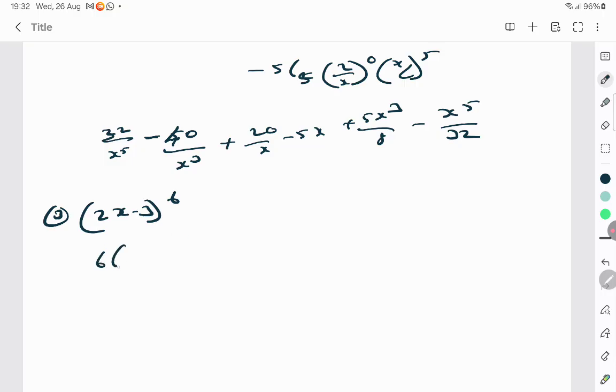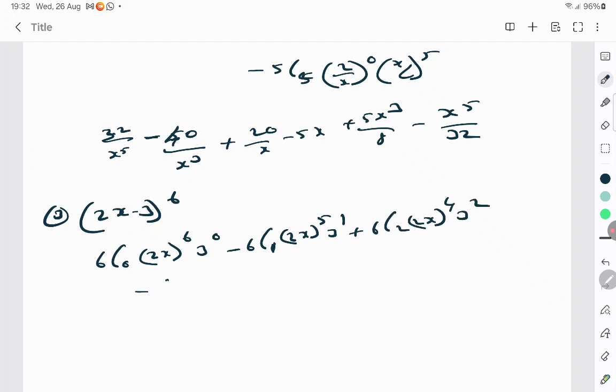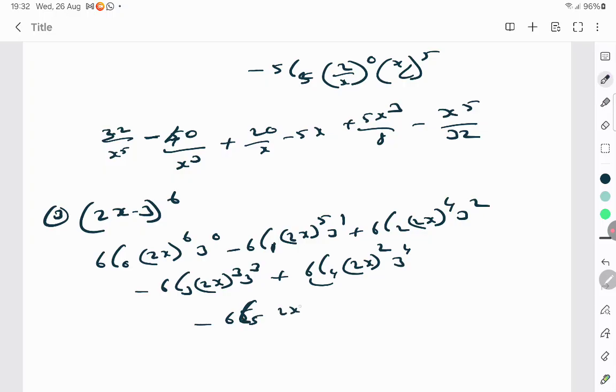So then it's 6c0, 2x the whole to the power 6, 3 to the power 0, minus 6c1, 2x the whole to the power 5, 3 to the power 1, plus 6c2, 2x the whole to the power 4, 3 to the power 2, minus 6c3, 2x the whole to the power 3, and 3 to the power 3, plus 6c4, 2x the whole to the power 2, and 3 to the power 4, minus 6c5, 2x the whole to the power 1, and 3 to the power 5.